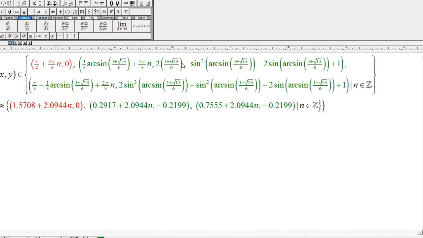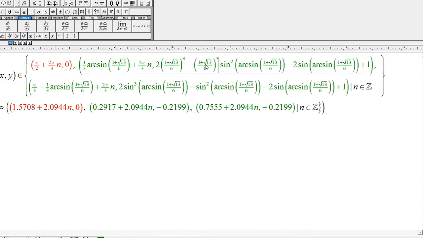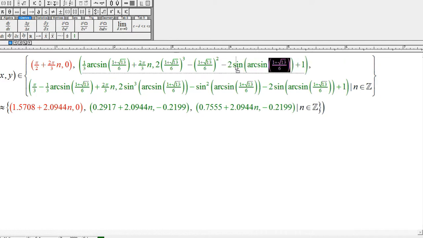And what we end up with is this cubed. And here we get the same thing squared. And here we get just this part like that.